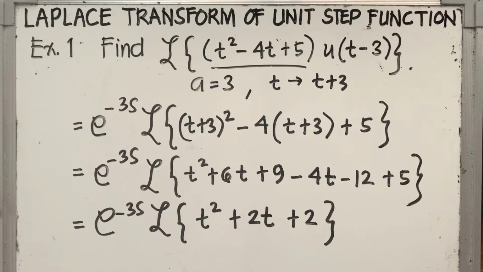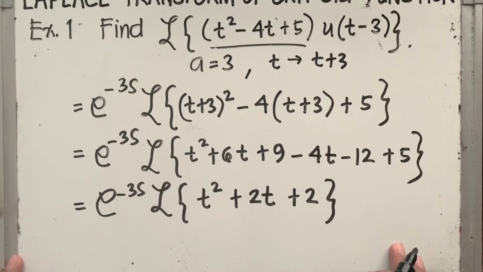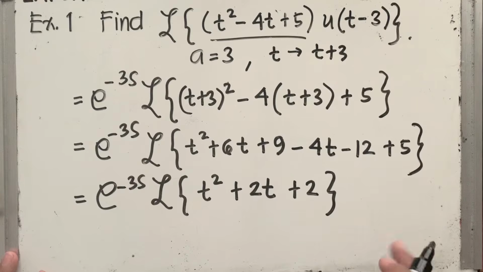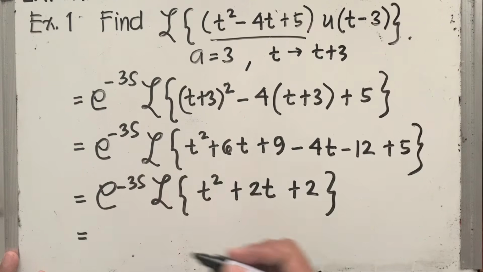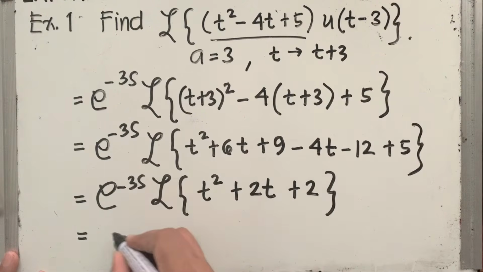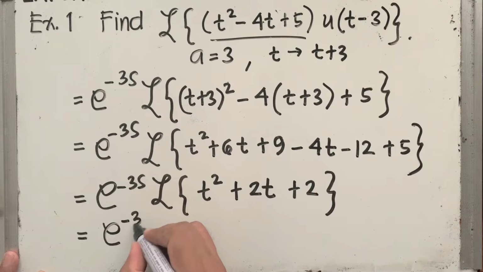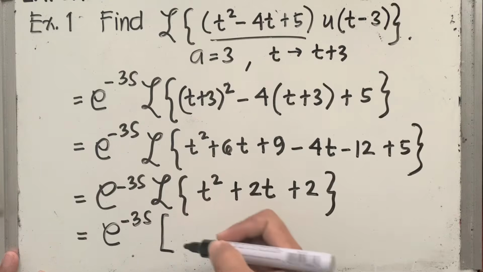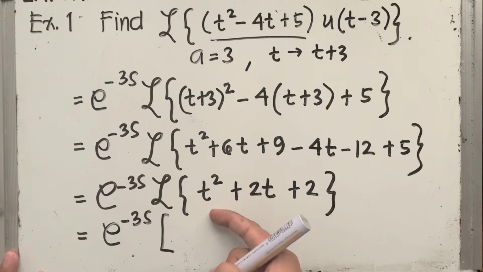Okay, so ayan na, simplify na natin. Now, we can get the Laplace transform of t squared plus 2t plus 2. So, na-recall niyo pa yung mga formula, yung formula ng elementary functions. Okay, so, ang t squared natin is, ano yung n? 2.